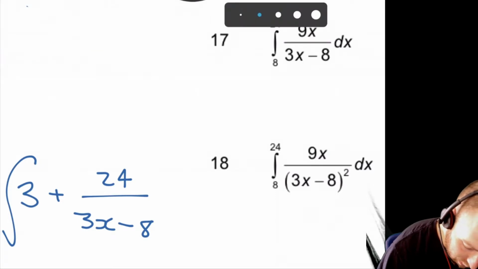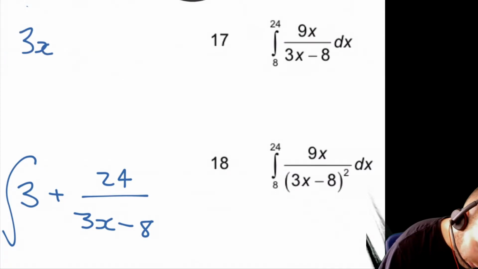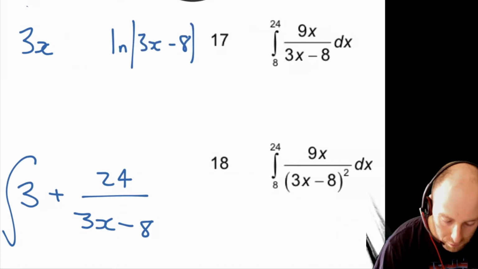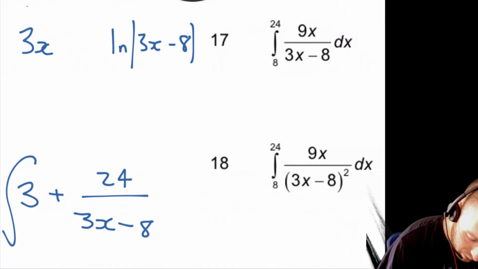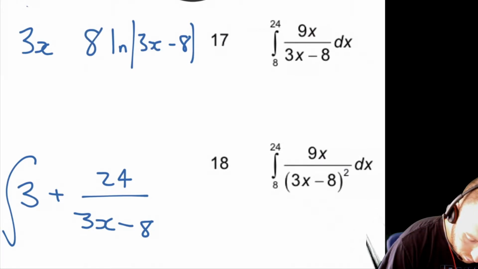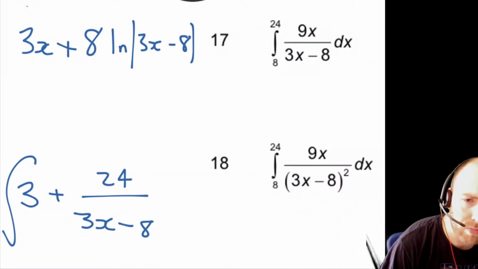So the 3 is going to turn into 3x, and the rest is going to turn into ln 3x take 8. We want 24 out the front, so we need to times this by 8, I think. Yeah, sounds good.